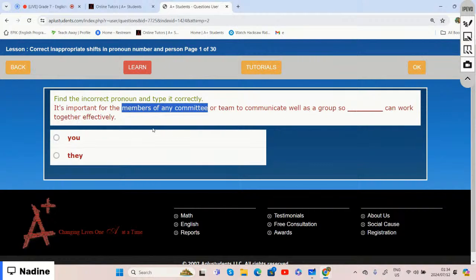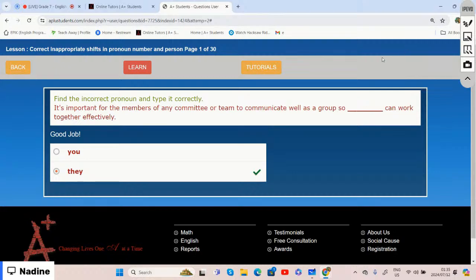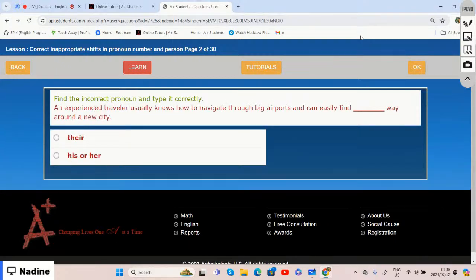Or do we say so they can work together effectively? And if we were to choose the correct option, since we are making mention of members of the committee, so that they can work together effectively. So they is our correct pronoun.